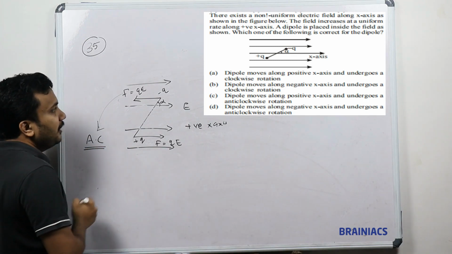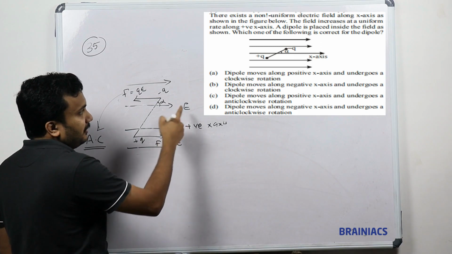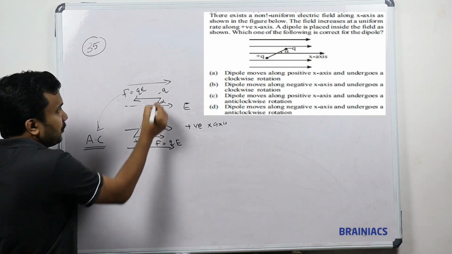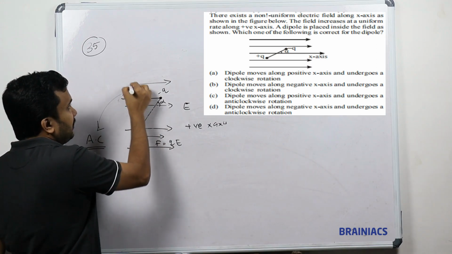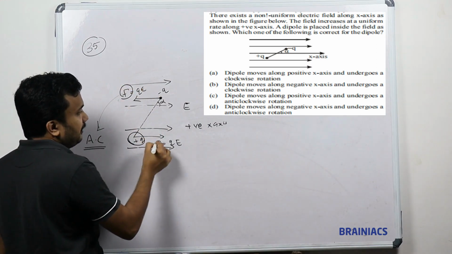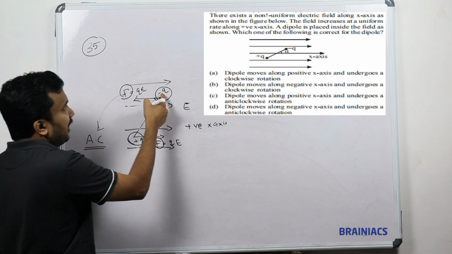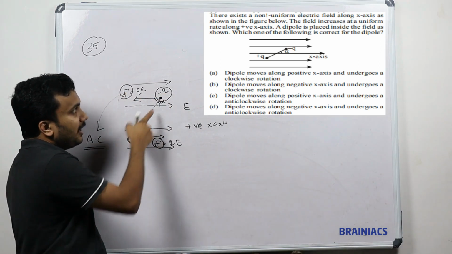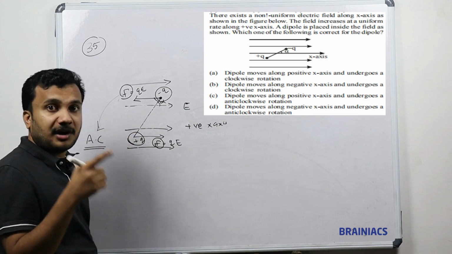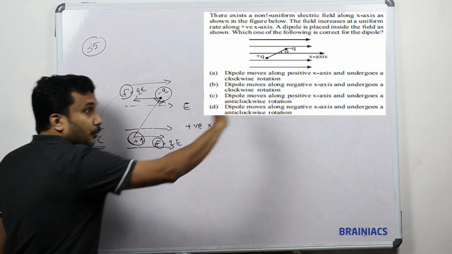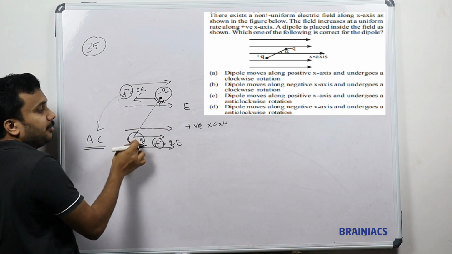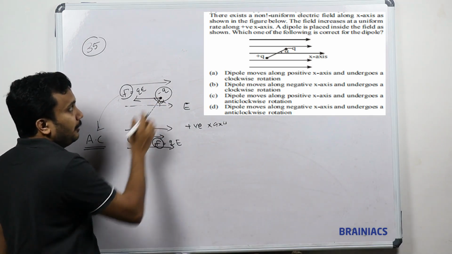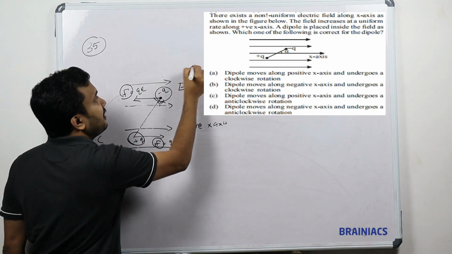And second point, we know the value of the electric field is increasing in the positive x direction. If you compare the two forces, one because of minus q and one because of plus q, the minus q is more on the positive side compared to plus q. Here the charges are equal, but the electric field will be higher here.